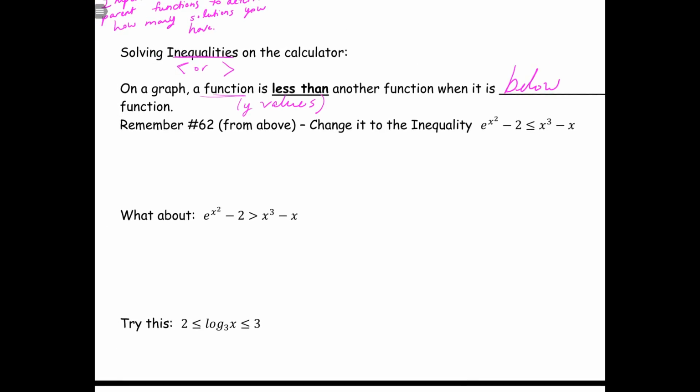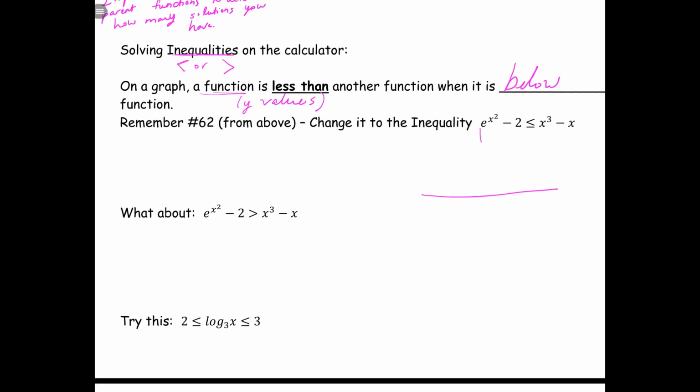Okay, so if we use the previous problem that we just looked at, e to the x squared minus 2 and x cubed minus x, we know that our basic shape, this was our y1, e to the x squared minus 2 was a quadratic, and it looked like this. And then x cubed minus x was a cubic that looked like this.